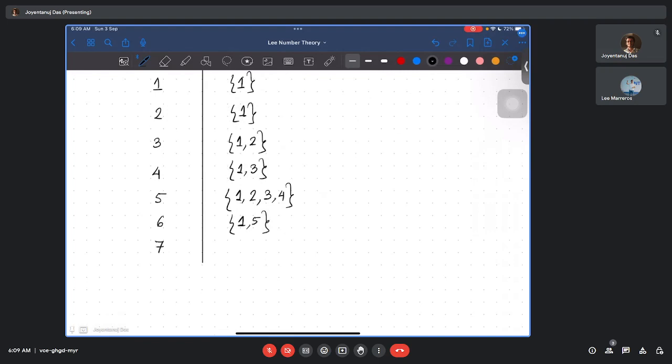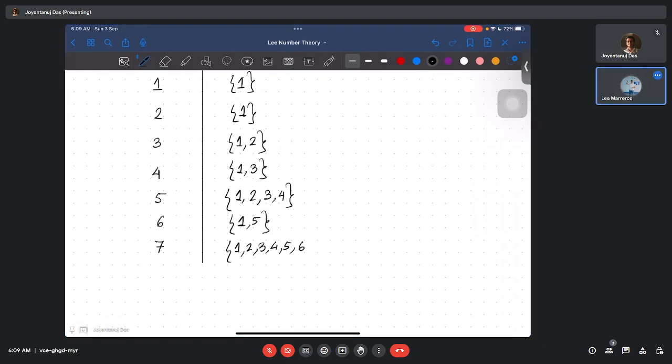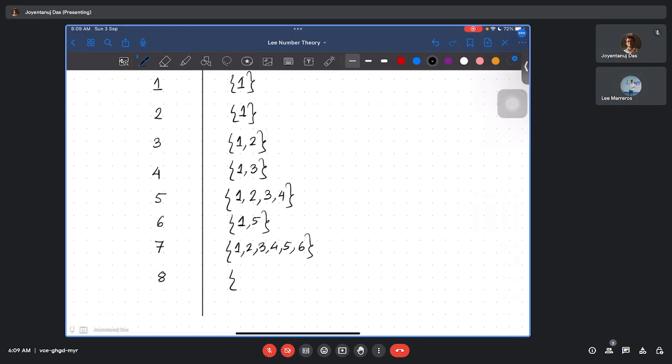So for 7, again all of them will work, up to 6: 1, 2, 3, 4, 5, 6. Let us see one more, then you can understand the pattern. For 8, what will be the set? The odd numbers: 1, 3, 5, and 7.